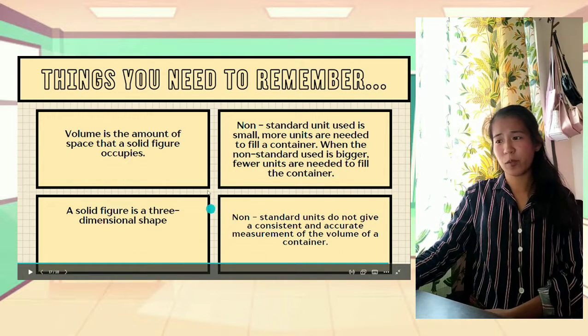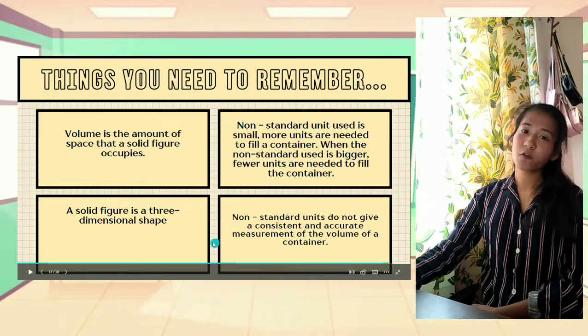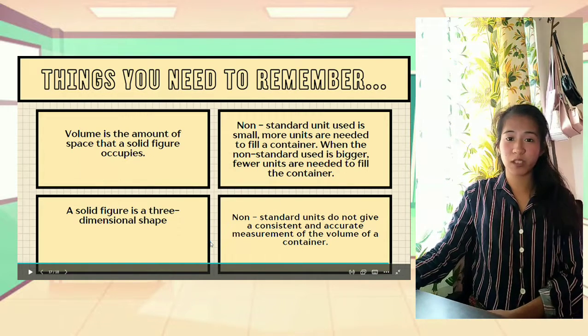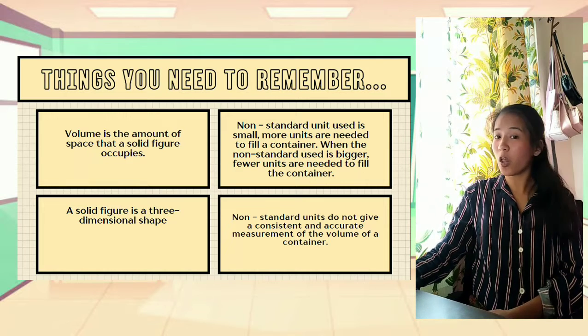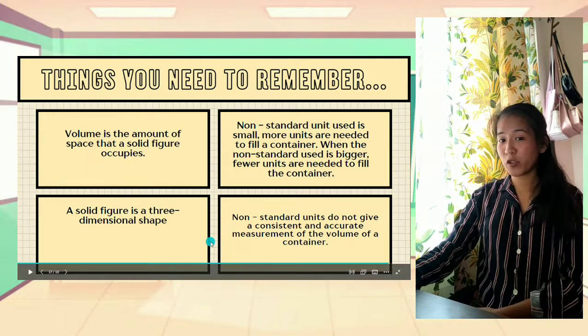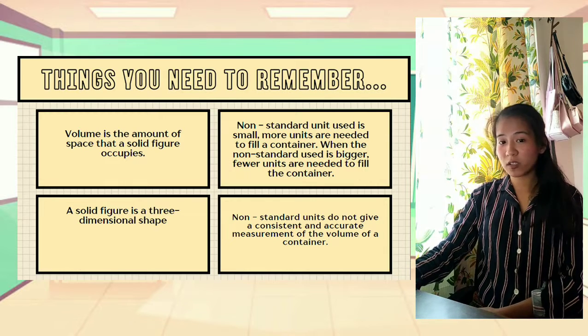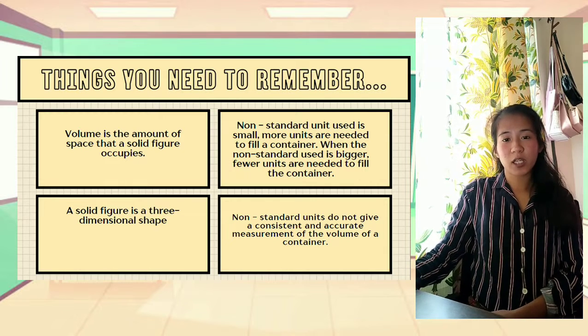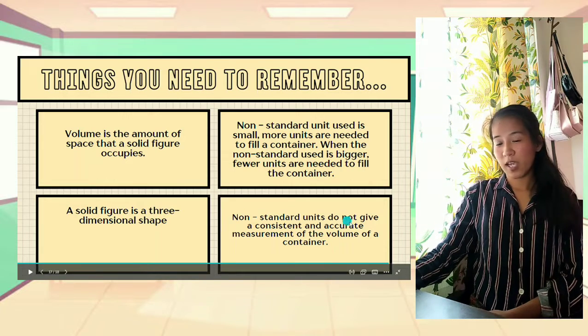Okay, class, do you remember these things? Always remember that volume is the amount of space being occupied, and non-standard units are not always accurate in measuring the volume, class. It is because it always depends on the amount of the item and the size of the item.